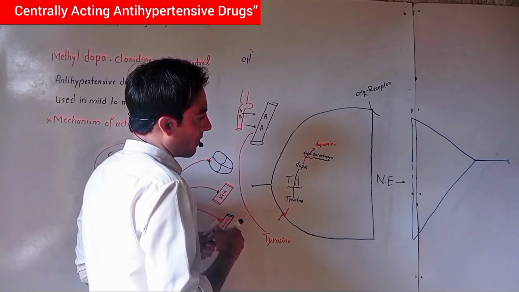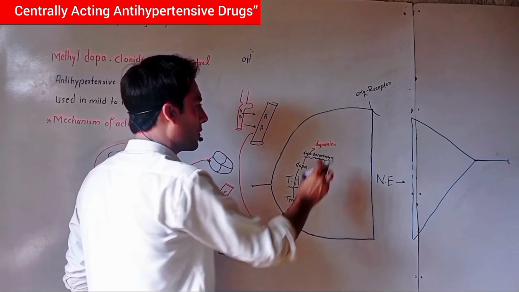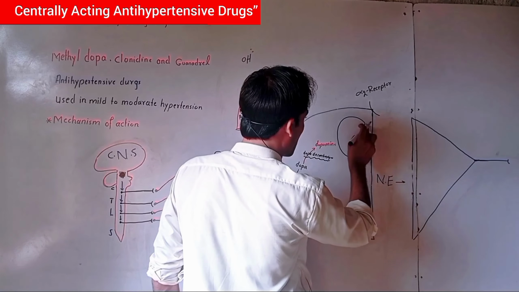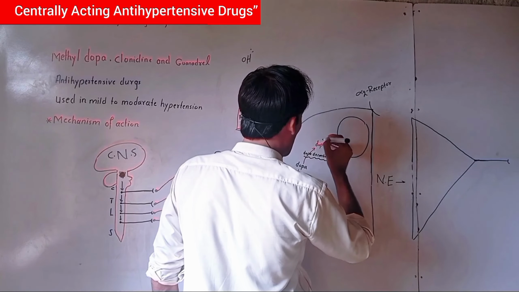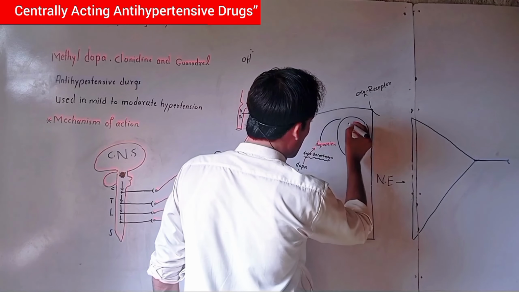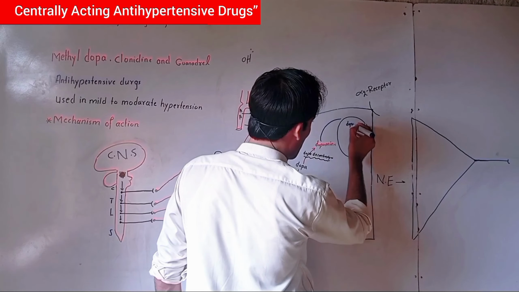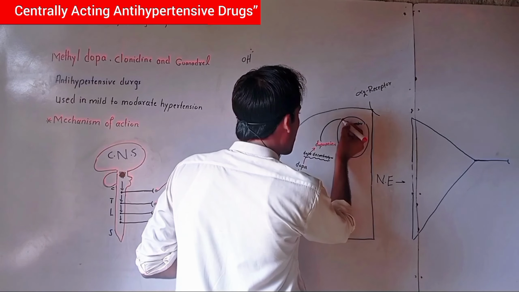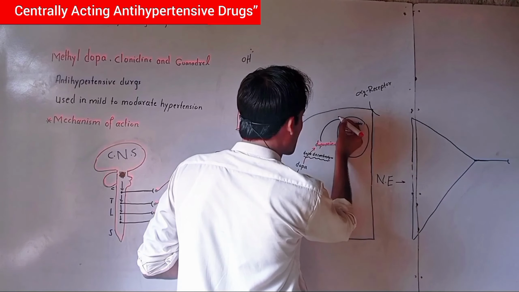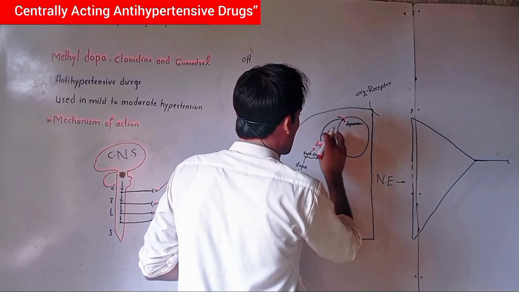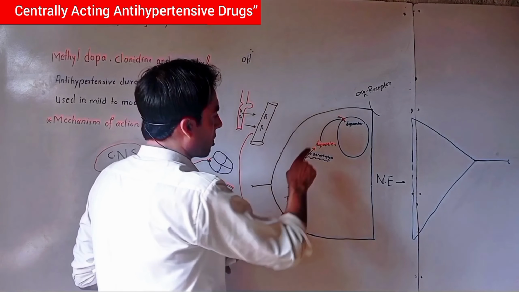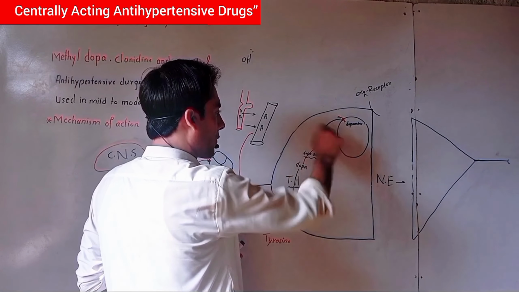Now once the dopamine is formed, it is directly pumped into vesicles. There is a large number of vesicles present within the nerve ending, and dopamine is pumped into them. On the wall of the vesicle, there is a special vesicular transport system that pumps dopamine into the vesicle.